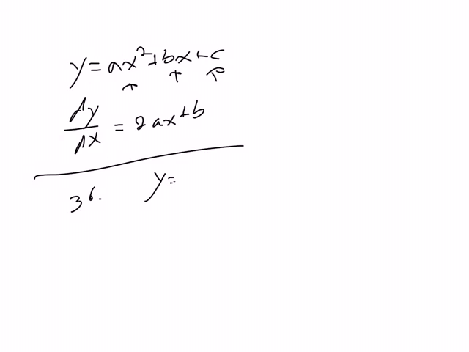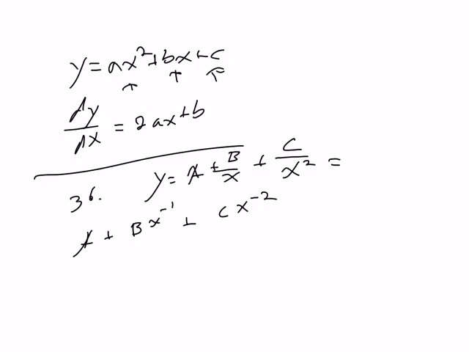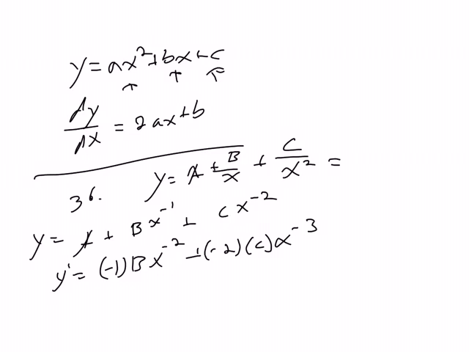Y equals a plus b over x plus c over x squared, or in other words, we can write this as a plus b x to the negative 1 plus c x to the negative 2. So y prime is going to be, the a vanishes, and we get negative 1 b x to the negative 2 plus negative 2 c x to the negative 3. That's the solution for that problem.